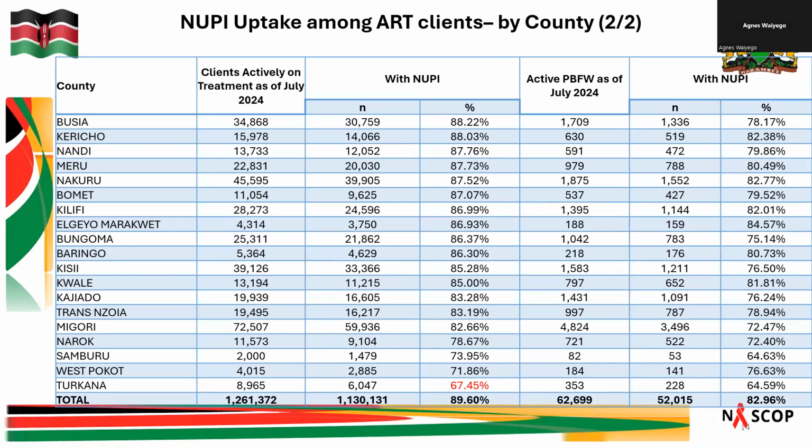So we see Turkana is struggling at around 67% overall, and also has the lowest uptake for PMTCT clients, at around 64.6%. Next slide.